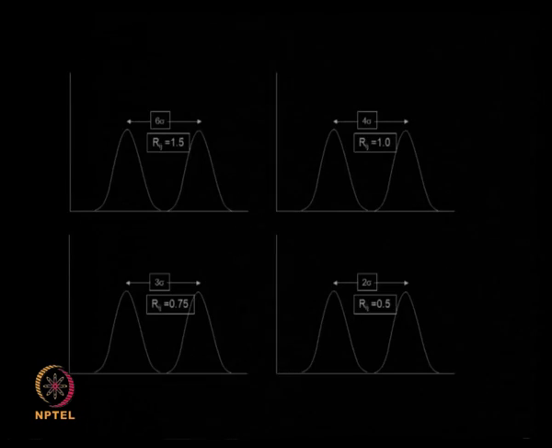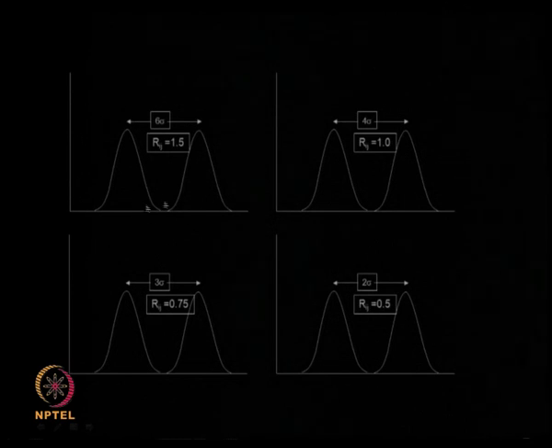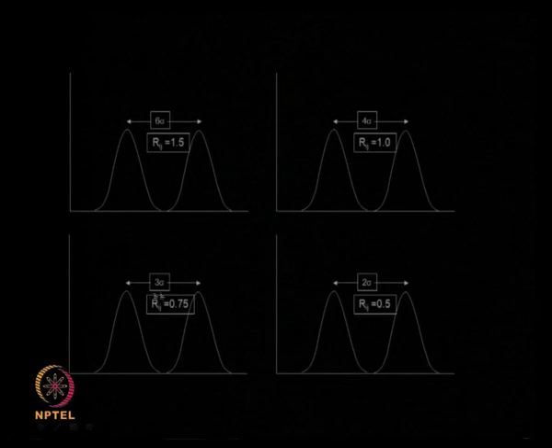For example, I have two components and the output looks like this, they are well separated, the distance between these two is 6 sigma, then the resolution is 1.5. If the distance between these two maxima is 4 sigma, then the resolution will be 1. If the distance is 3 sigma, then the resolution is 0.75.